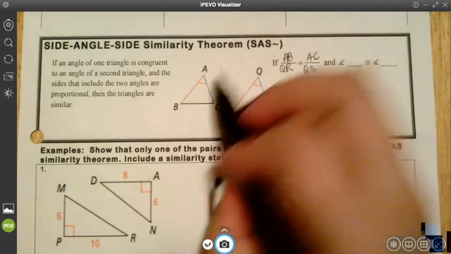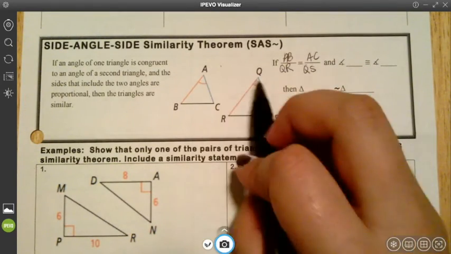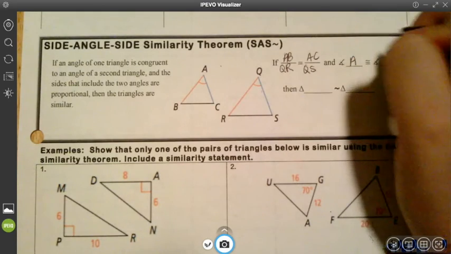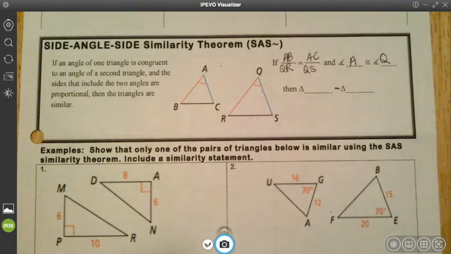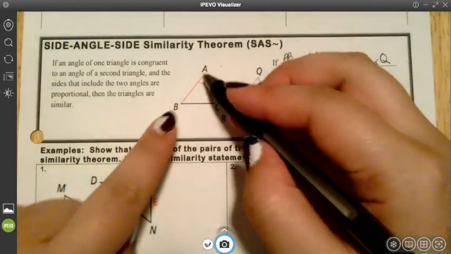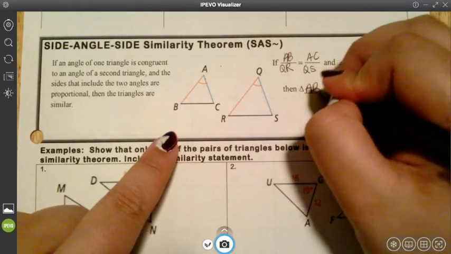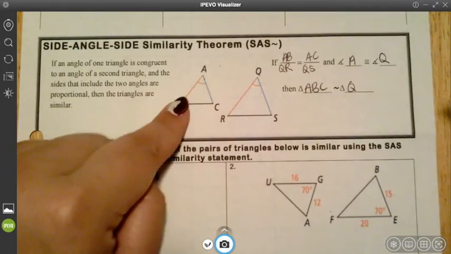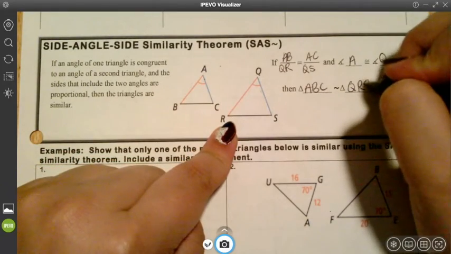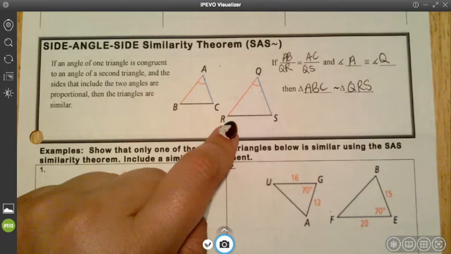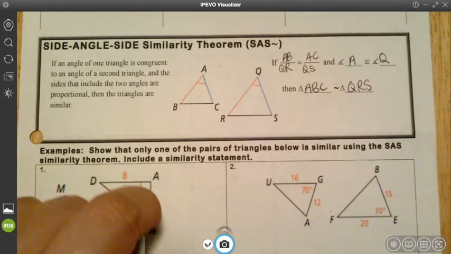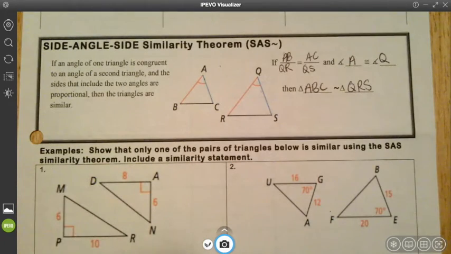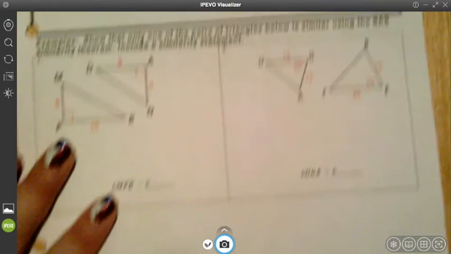The angles that have to match are the angles that are between the sides that are congruent, so that's angle A with angle Q. And so our triangle similarity statement, if I start with angle A, B, C, the angle that goes with A is Q, go along the red side, so that gives us QRS. This is not the same as if I said this was QSR. Very different statement. Let's see if we can use it.